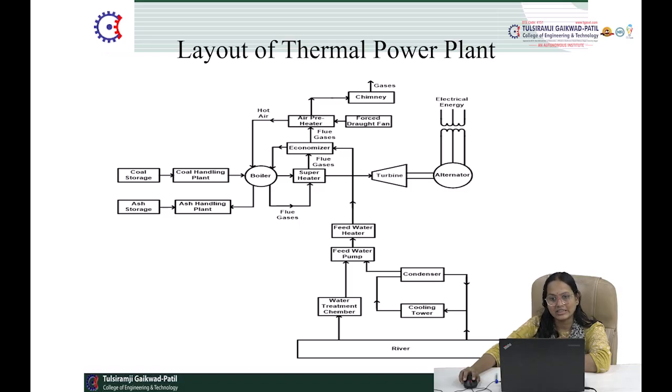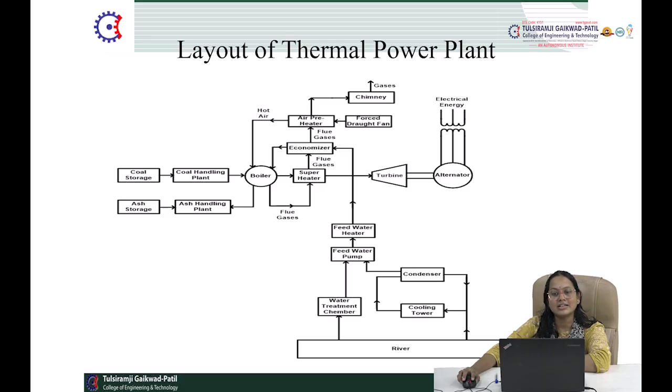Now we will see these three blocks: the air preheater, economizer, and the superheater. What is the function of the air preheater, economizer, and superheater? According to its function, the air preheater takes the natural air available in nature by using the forced draft fan, and the air preheater simply increases the temperature of the natural air, and it is fed to the boiler, right?